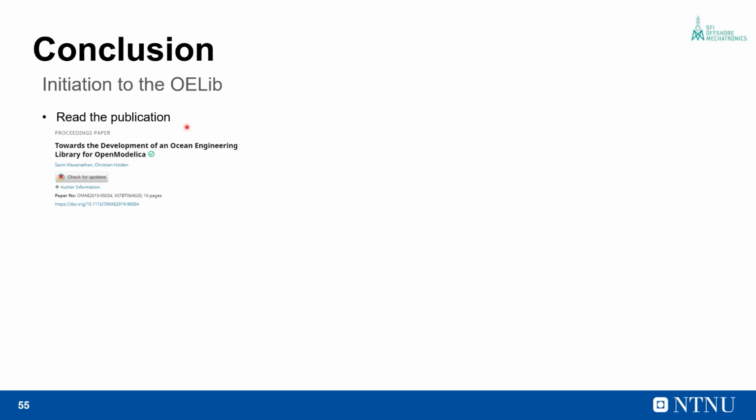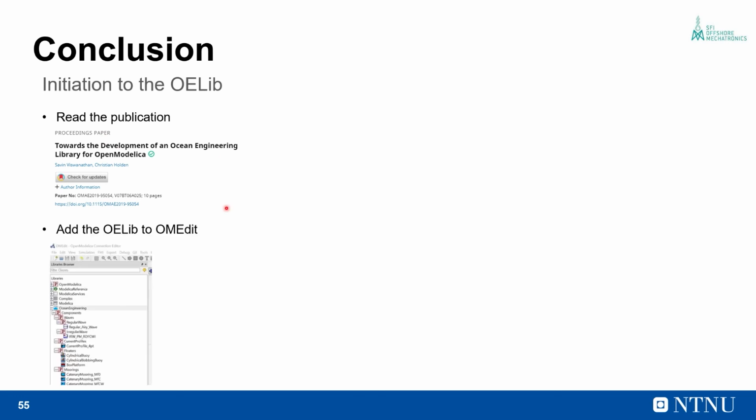The first step is to read the publication towards the development of an Ocean Engineering Library for Open Modelica. Then download and install the Ocean Engineering Library to your OM-Edit. The download location is given inside this paper.